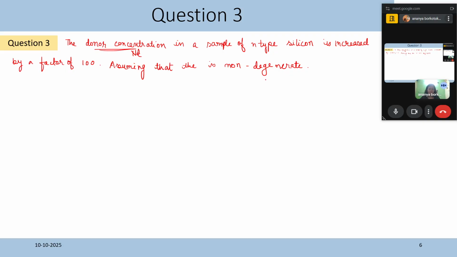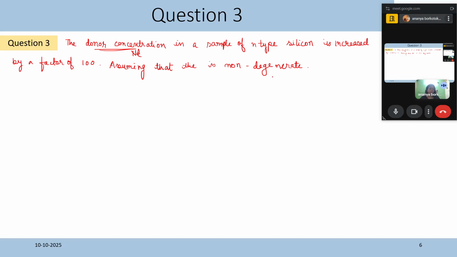It was not discussed in detail, but all the equations that we derived in the initial part of the course are valid for non-degenerate semiconductors, not valid for degenerate semiconductors. For example, the mass action law, where we consider that n into p equals ni square, is also valid for non-degenerate semiconductors.